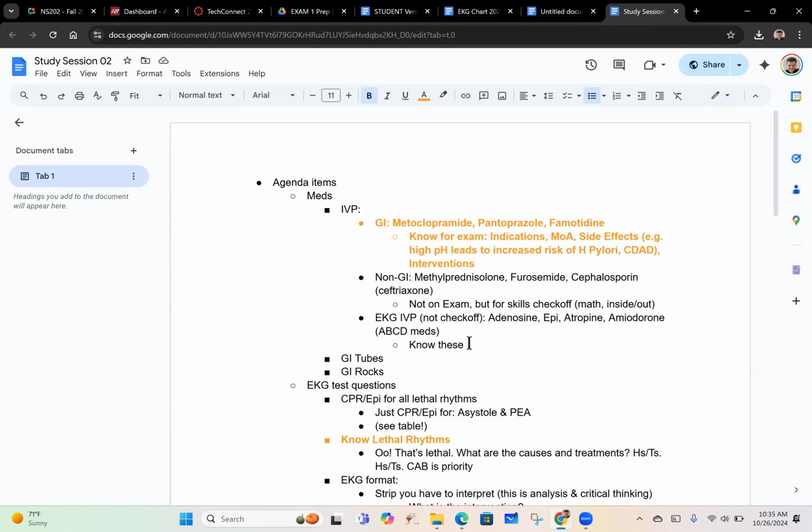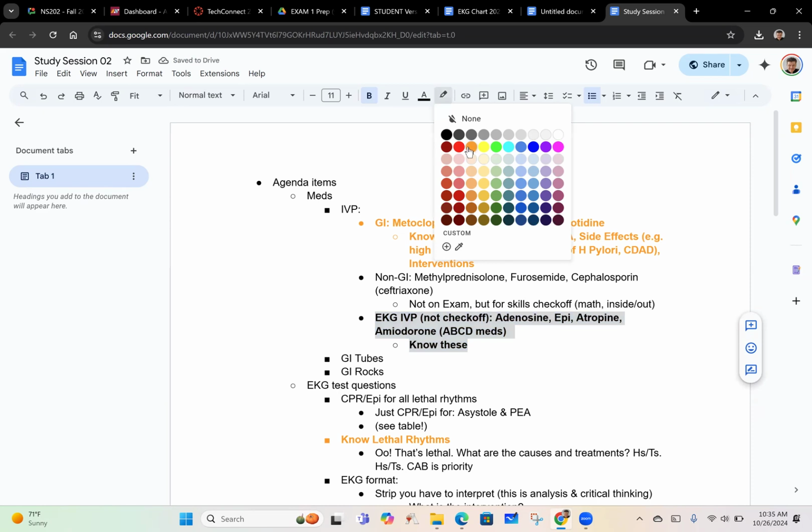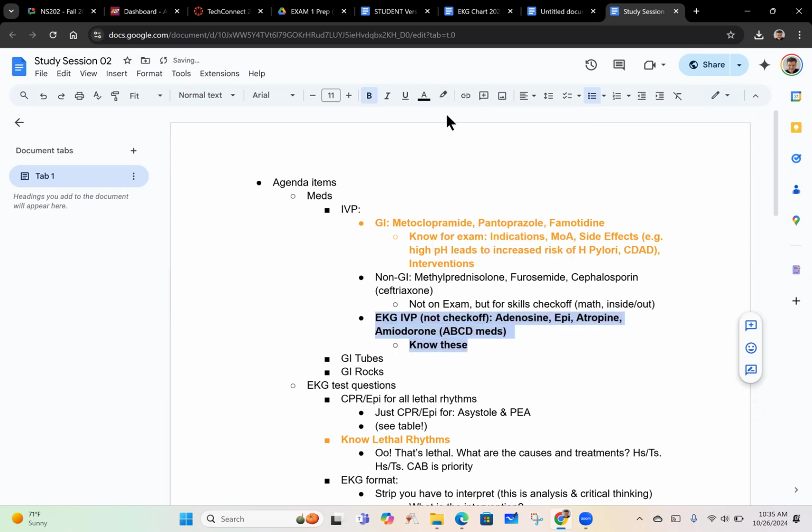All right, so you know those ones, and of course, you want to know your EKG meds, which one they're attached to. That goes hand in hand with what we said below, that here's a strip, what do I do about it? Treatment is atropine, right? So you're selecting from the list, atropine or adenosine. They sound similar, but they have completely different actions.